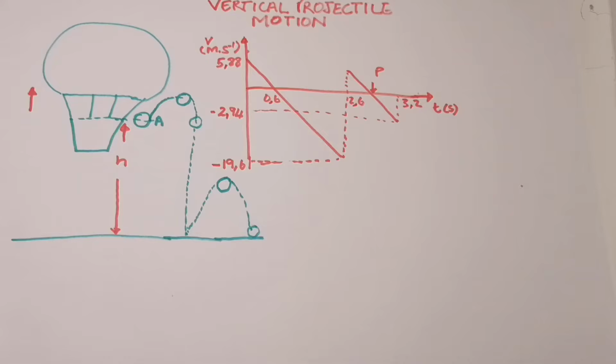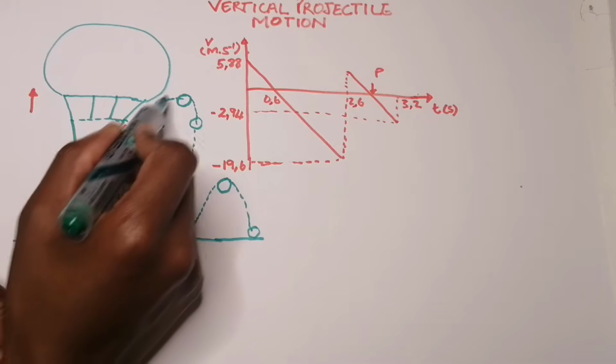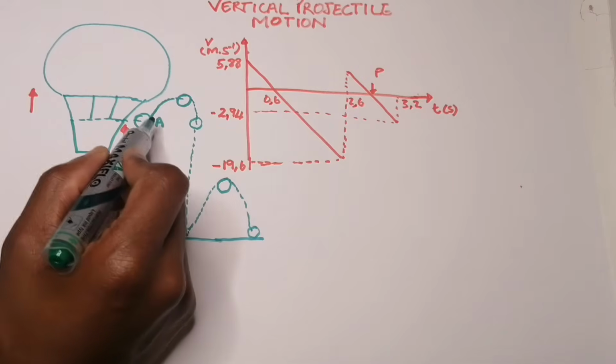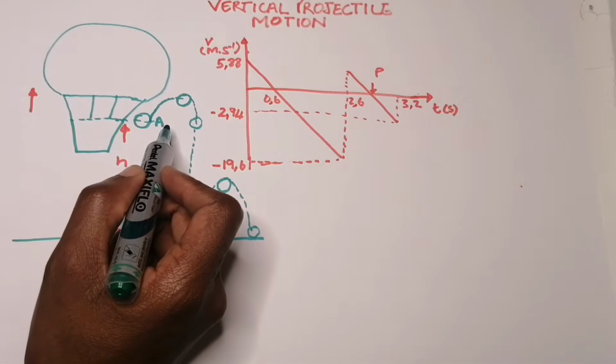Now, please, again, I'm saying this, ladies and gents, I am in no way suggesting that the ball will go up and pass the balloon. No, no, no. The only reason is because I couldn't draw a balloon that's moving.